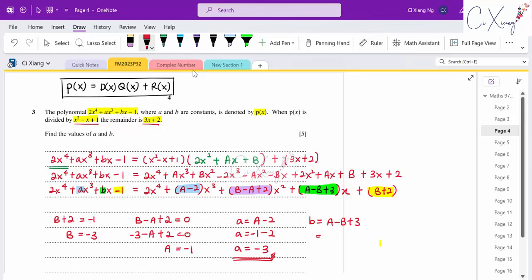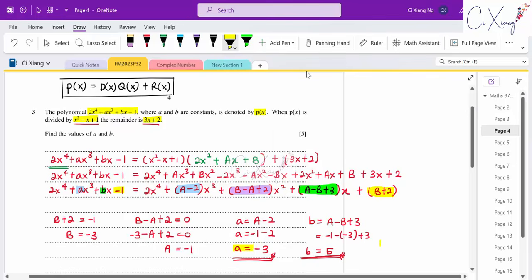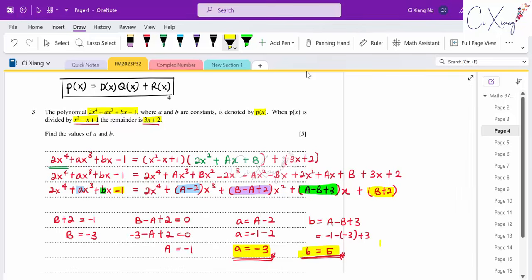The value is negative 1 minus negative 3, then plus 3, and the b that I get is equal to 5. So we already get the answer for small letters a and b, where a equals negative 3 and b equals 5. This is how we answer question number 3.